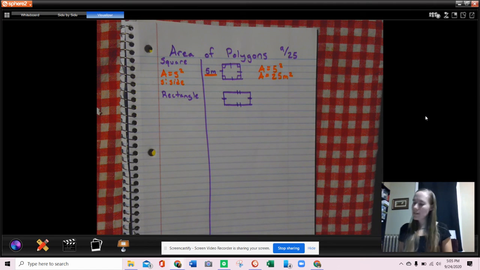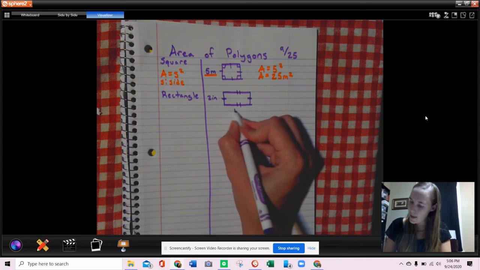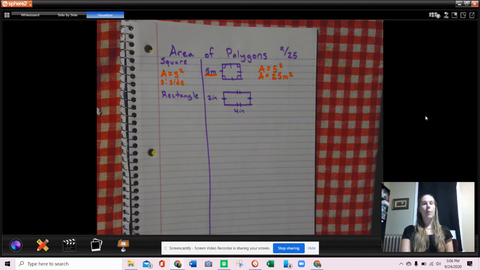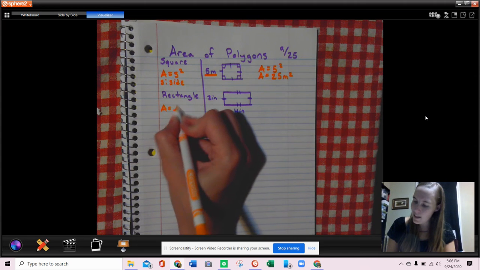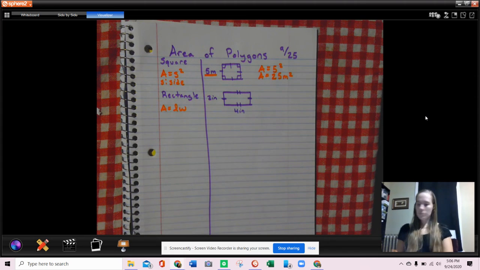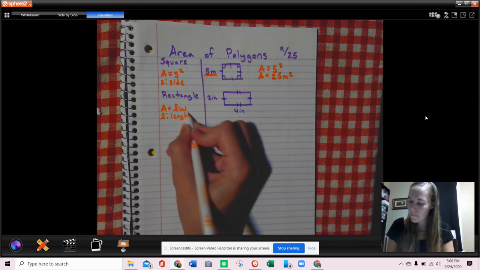For this rectangle, I'm going to give this side length to be 2 inches, and then this one to be 4 inches. According to the MCAS reference sheet, the area is L times W, where L means length and W means width.